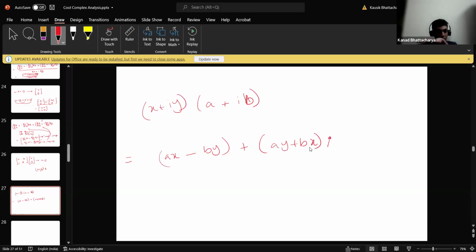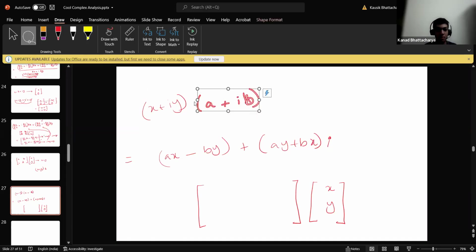Now if we were to express this in the form of a matrix, we would have (x, y) multiplied with, maybe I should write out the multiplication in the opposite order so that it's easier for you to follow which is acting on what.